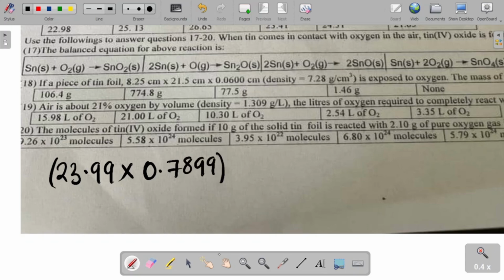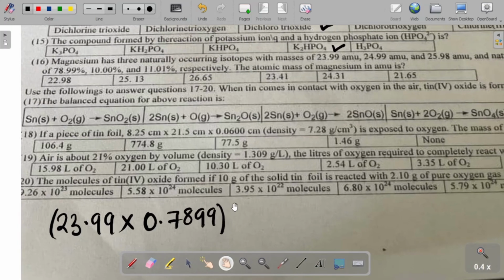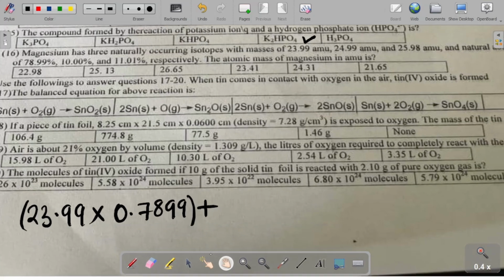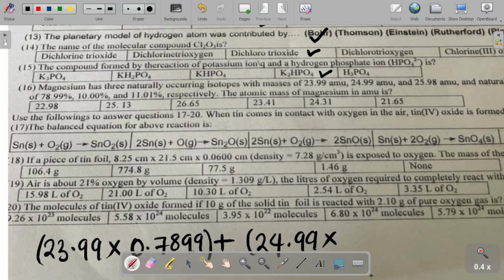78.99% is simply 78.99 divided by 100, and that gives you 0.7899. Plus, next I have 24.99 multiplied by the abundance there, which is 10%.